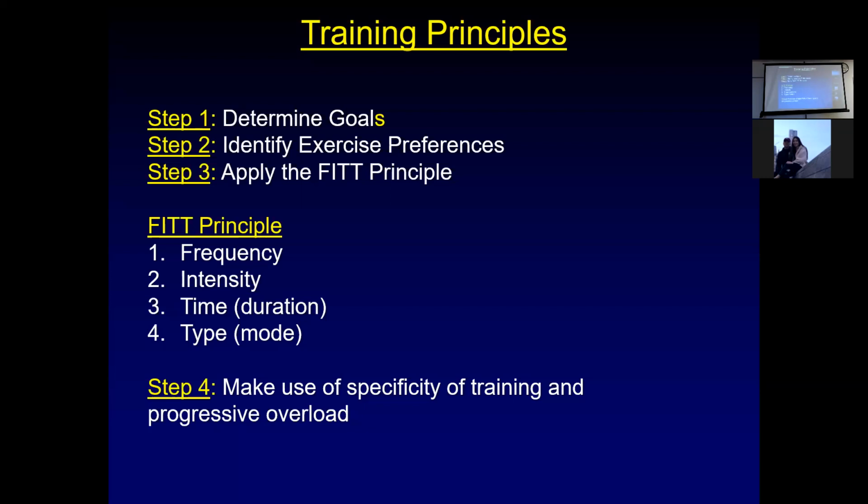So for most of us, we need to be 60, 70, 80% of heart rate reserve for some period of time in order to evoke training adaptations that will increase our VO2 max. So that's how we're going to quantify intensity, okay?